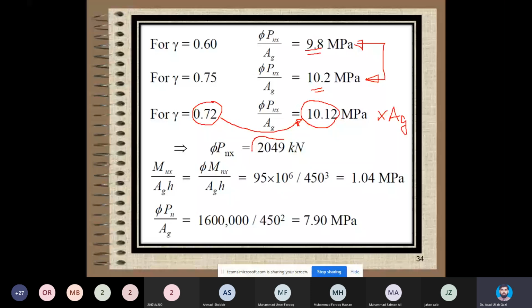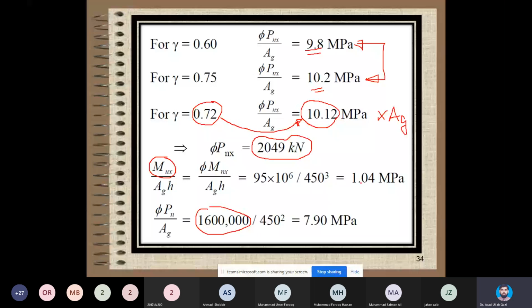The same procedure now I will repeat when I consider only the moment about the x-axis present with the axial load 1600 kilonewton. I will do the same calculation for the two pictures, gamma 0.6 and gamma 0.75. I will join the points with the origin and extend them until they intersect the 2% curve.